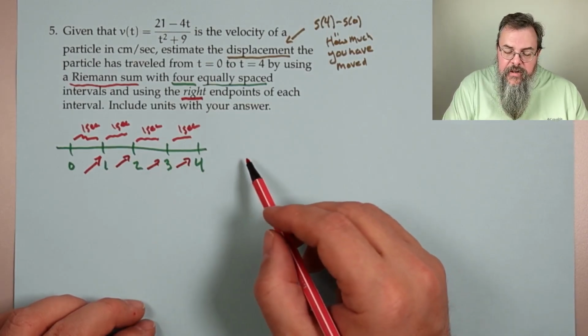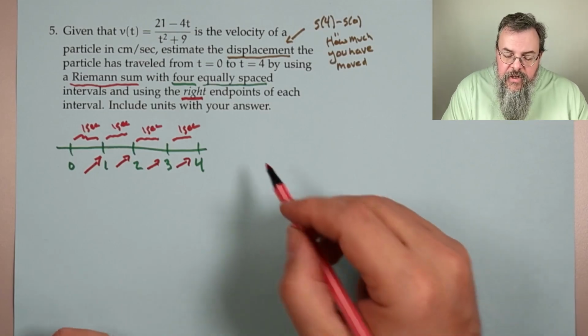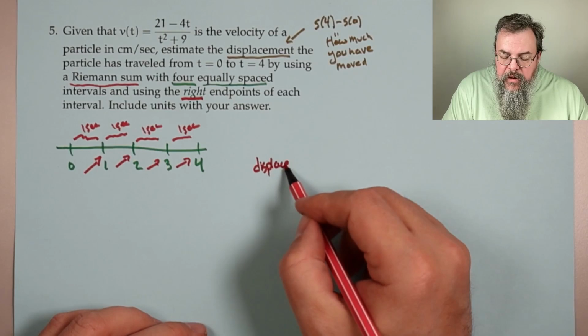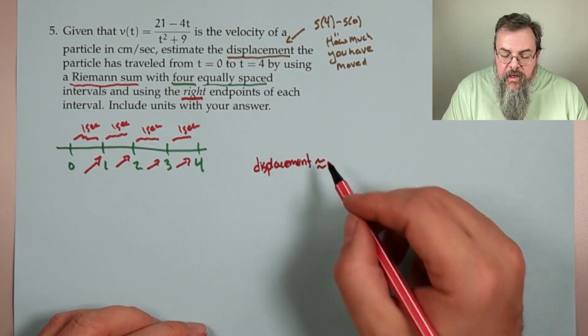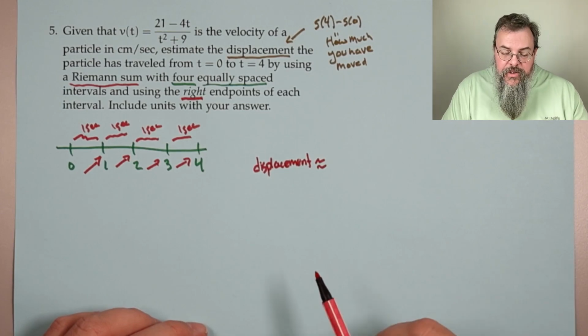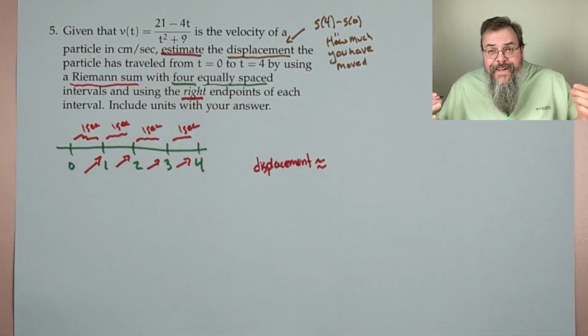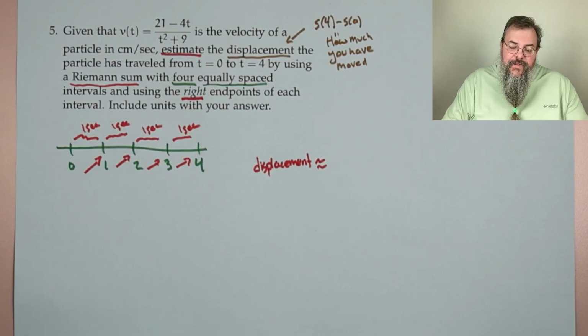So our displacement, which is the distance we've moved, or how much we've moved, is going to be approximately, and it's okay to say it's an approximation, because we're estimating. We're not guaranteeing that the displacement is this. We're saying it's an estimation.